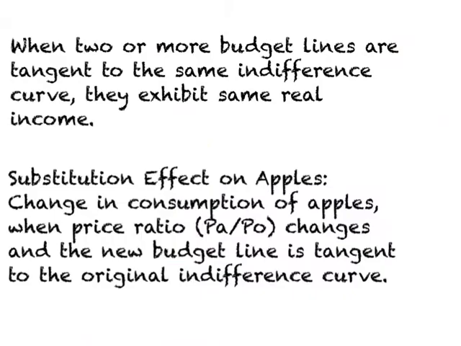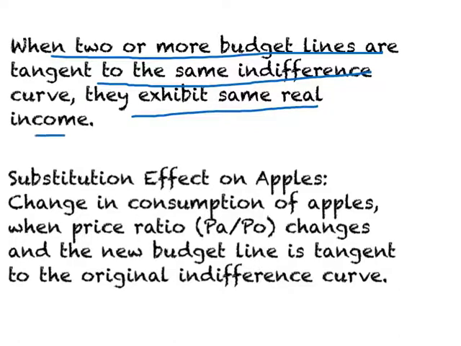So two things that we have learned from the previous slide is, number one, when two or more budget lines are tangent to the same indifference curve, they exhibit same real income. This is another definition of same real income. What is the first one? You'll remember it when we discussed budget line, and that is given by the area of the triangle implied by a budget line.